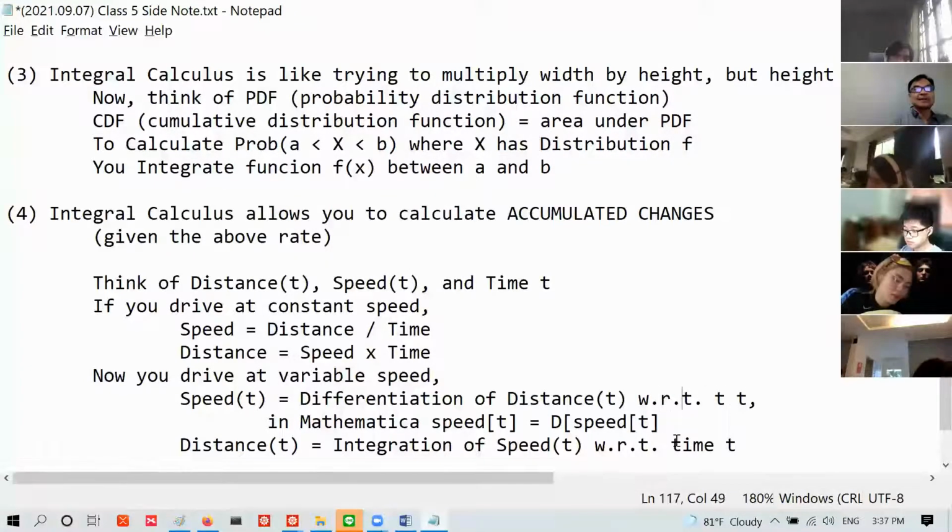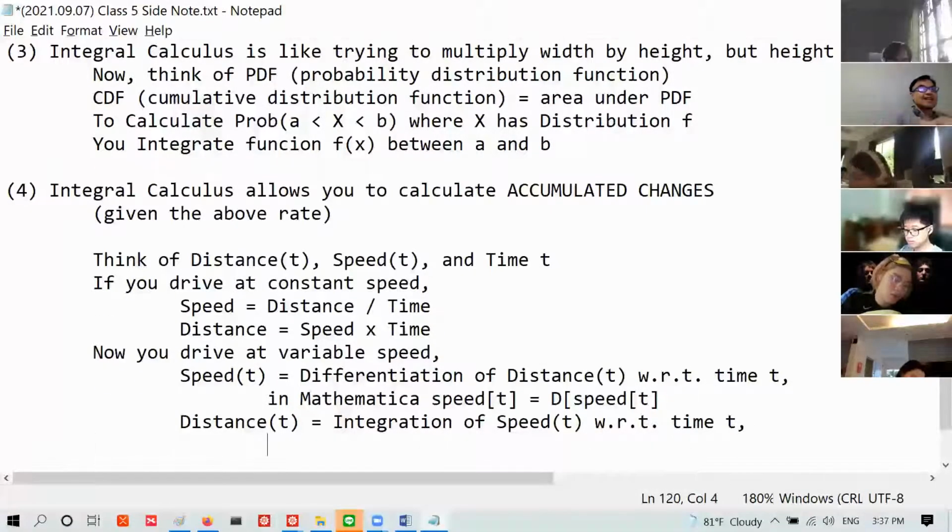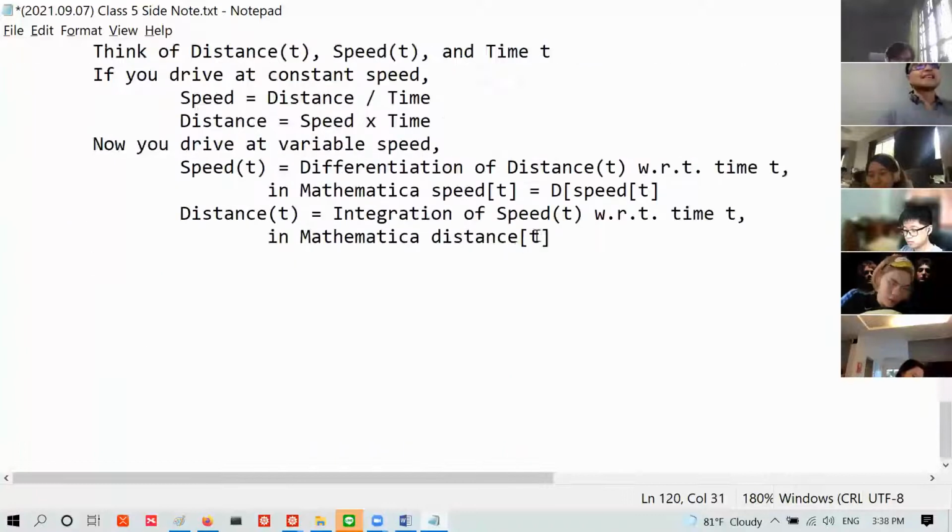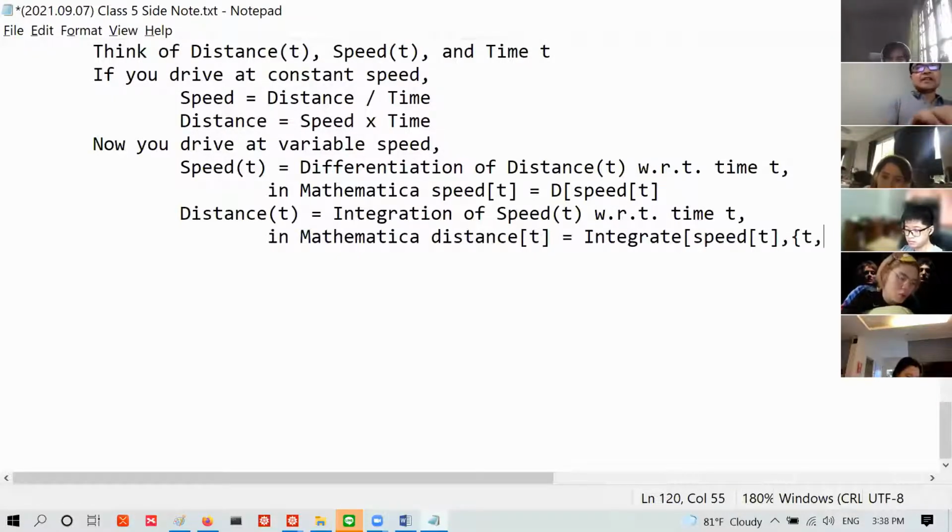In Mathematica, distance of t is equal to integrate speed of t from beginning to end.